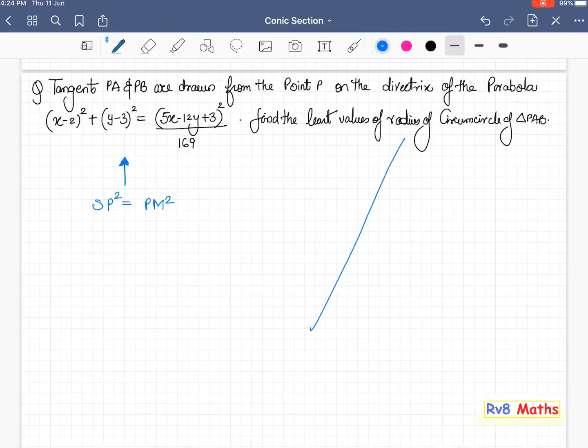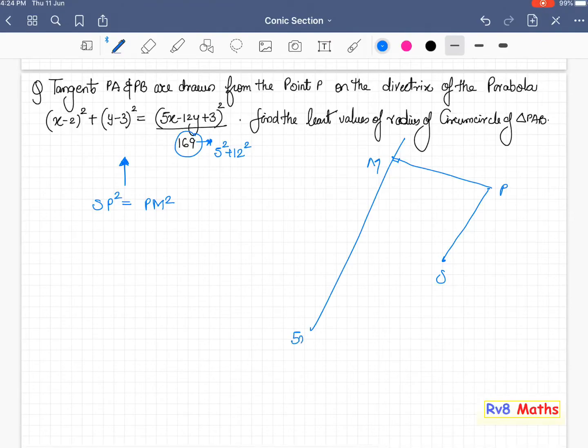So if I consider this as the directrix and this as the point S, and let it be any random point, SP is equal to PM. That is the definition. How did I come to know about this? Because this 169 is nothing but 5 square plus 12 square, 13 square. So this is in the form of distance from a line ax plus by plus c.